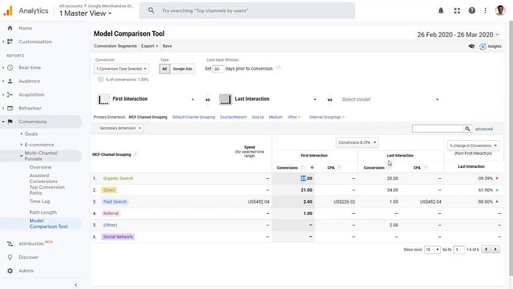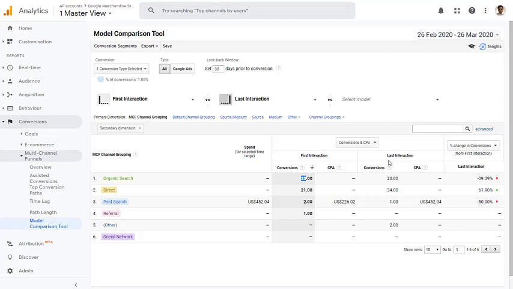Users are first finding my website through SEO, and then converting by some other means, maybe by directly typing my website name. So I will go back to my SEO team and share some appreciation with them. I will encourage them. I might also want to increase my budget on SEO, and tell them, guys, work hard, you are doing a good job, and so on.